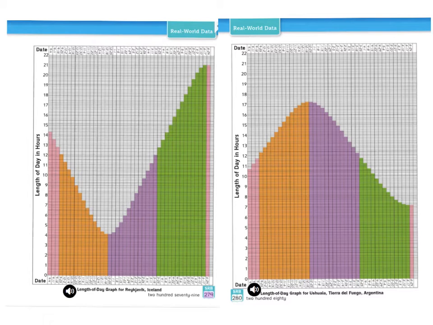And what you guys might notice is that they're kind of opposite each other in terms of graphs. When you notice the least amount of daylight all the way down there, it was only about 4 hours, which is really crazy. That happened near Christmas, 12/25, which we know is near the solstice. So this was in Iceland. Toward the end of December, they had the least amount of daylight.